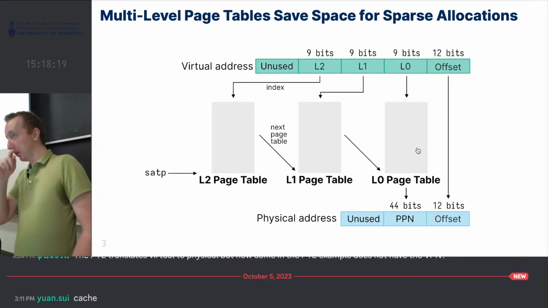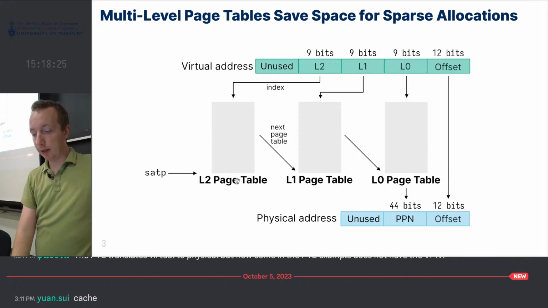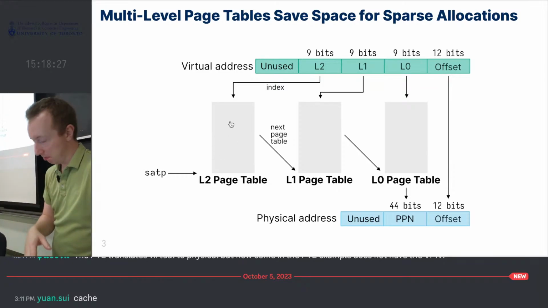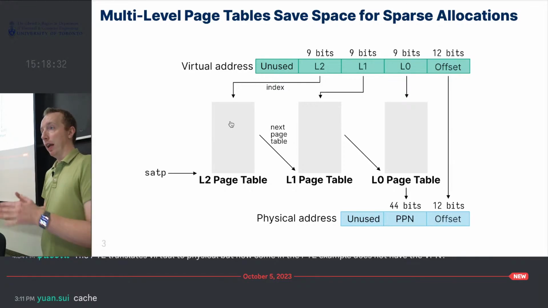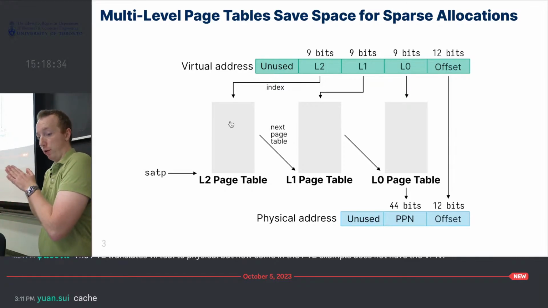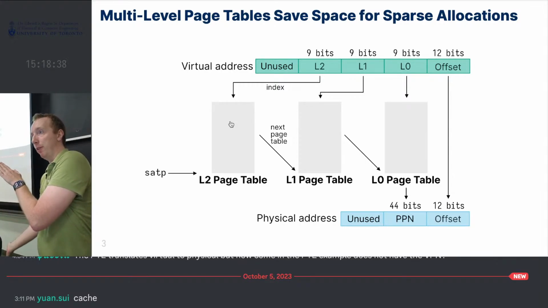Can the L2 page table map to several L1 page tables, or just one? In the L2 page table, it's just a page table, so it would have 512 entries in it, and it could be full, so it could point to 2 to the 9 L1 page tables.